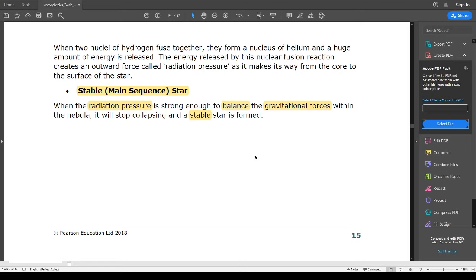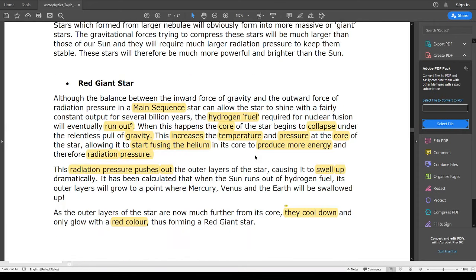And the star lasts in this main sequence phase for a very long time, and after that main sequence phase the star becomes a red giant, in the case of small average stars. Anyway, so from nebula we get the protostar to stable main sequence star.